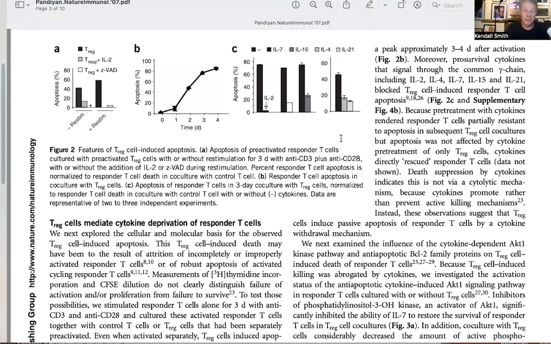And then the other thing is that she's looked at whether, if you flood the system, you can overcome the cell death, the apoptosis. With IL-2, the answer is yes. And with IL-7, IL-15, IL-4, and IL-21, all those IL-2 receptor gamma chain positive cytokines will prevent the cell death, the apoptosis.